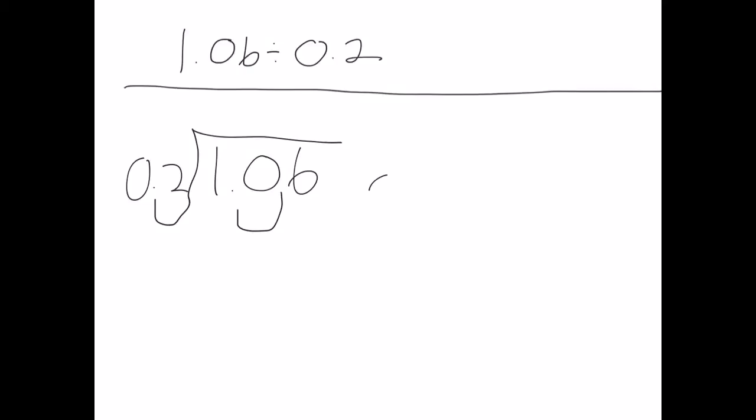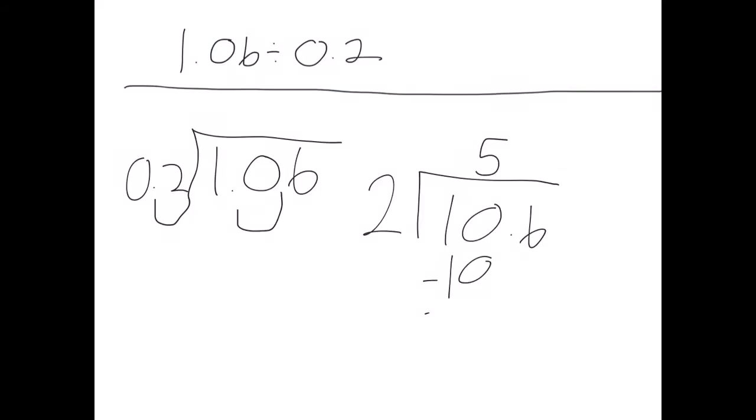I'm going to rewrite it. 2 divided by 10.6. 2 goes into 10 5 times. 10 minus 10 is 0. You always have to add the decimal at the top. And 2 goes into 6 3 times. So 5.3 as your answer.